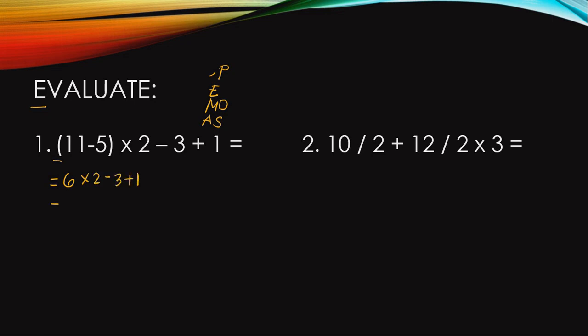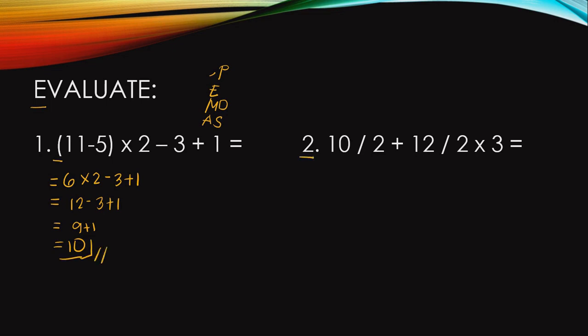Next, we multiply 6 times 2, which is 12, minus 3 plus 1. Then, according to PEMDAS, whichever comes first from left to right, addition or subtraction. Subtraction comes first, so we do the minus first. 12 minus 3 is 9, plus 1 is 10. This is now our answer.